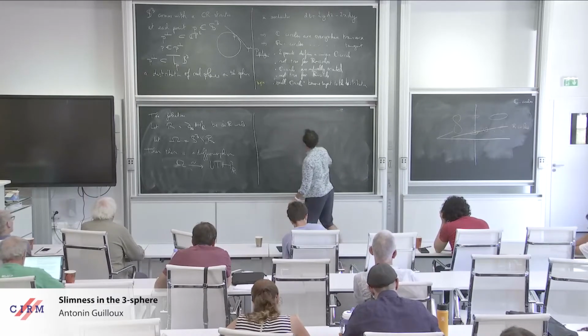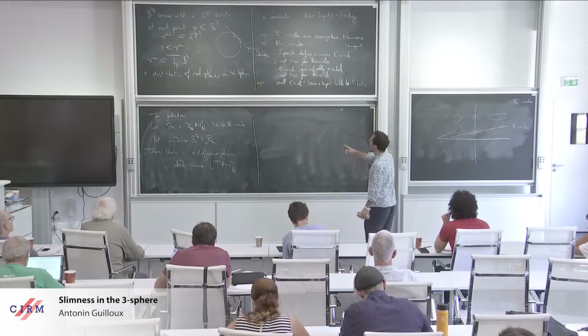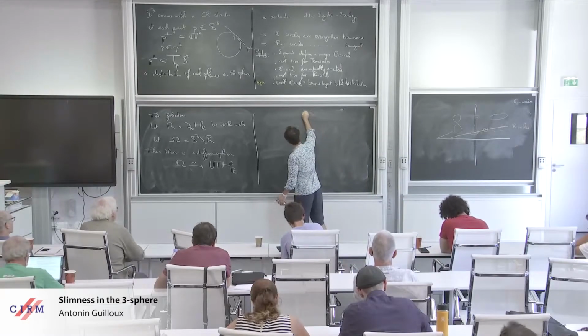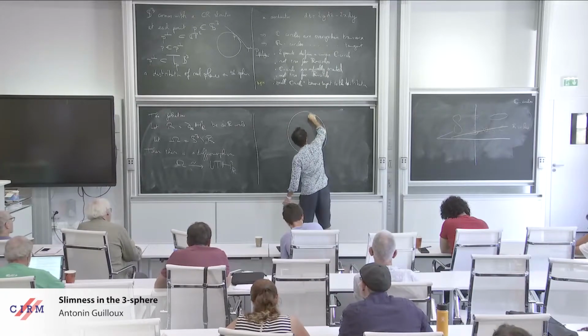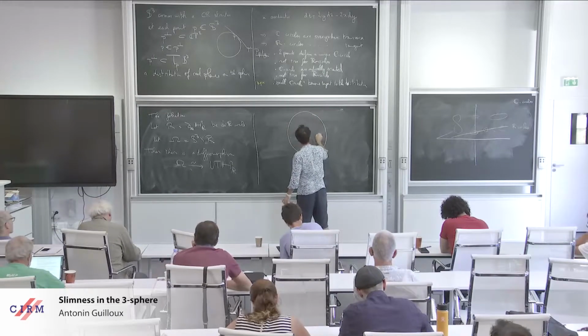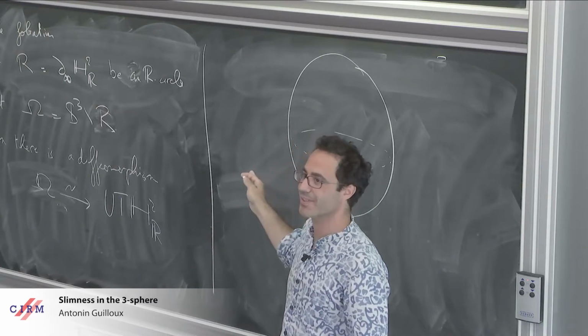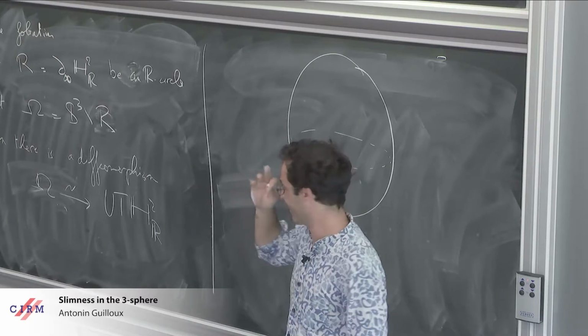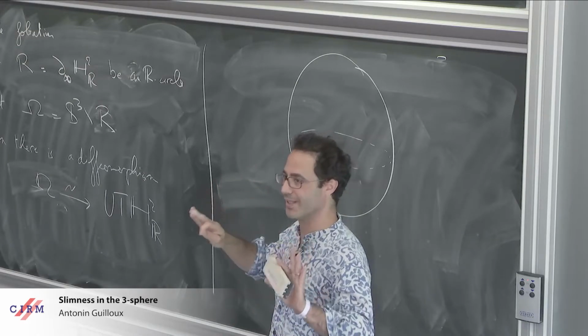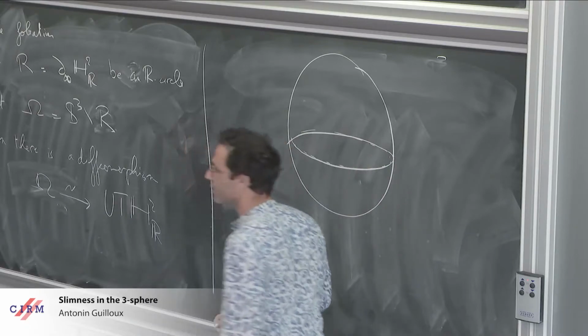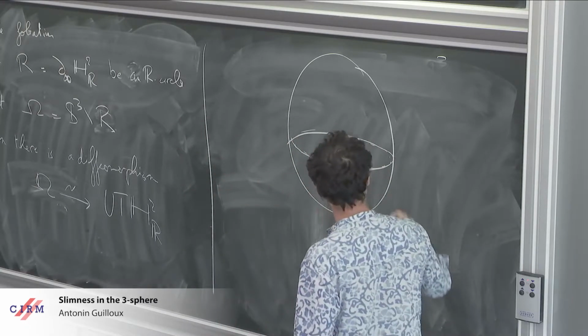So I will make a picture, not in the model that I chose at the beginning, but in the ball model. So beware, this is a three-dimensional picture, but you should recall that we are in a four-dimensional case. So there will be one dimension lacking.